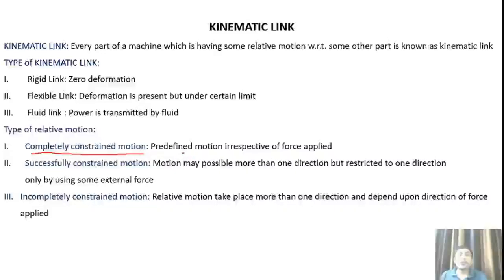It is a motion which can be predicted when applying the force, means it does not depend upon the direction of force. You apply force in any direction, but we obtain output in a defined manner.